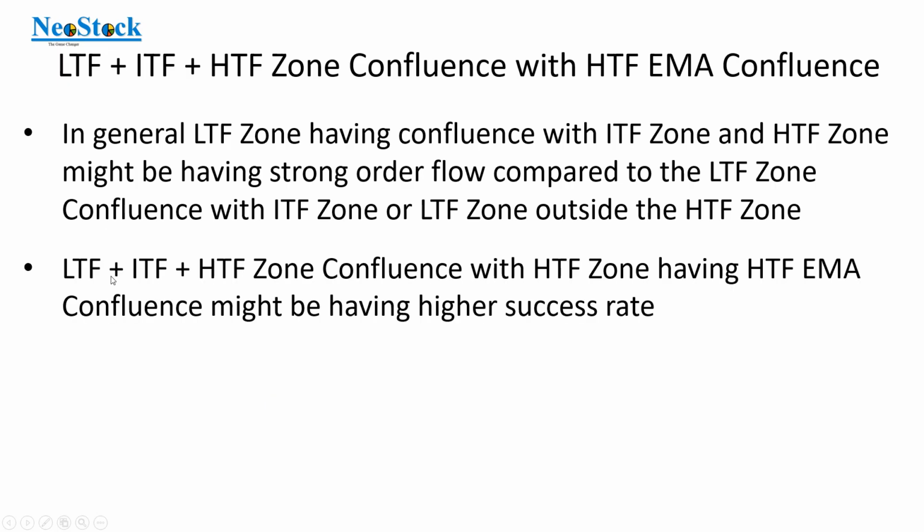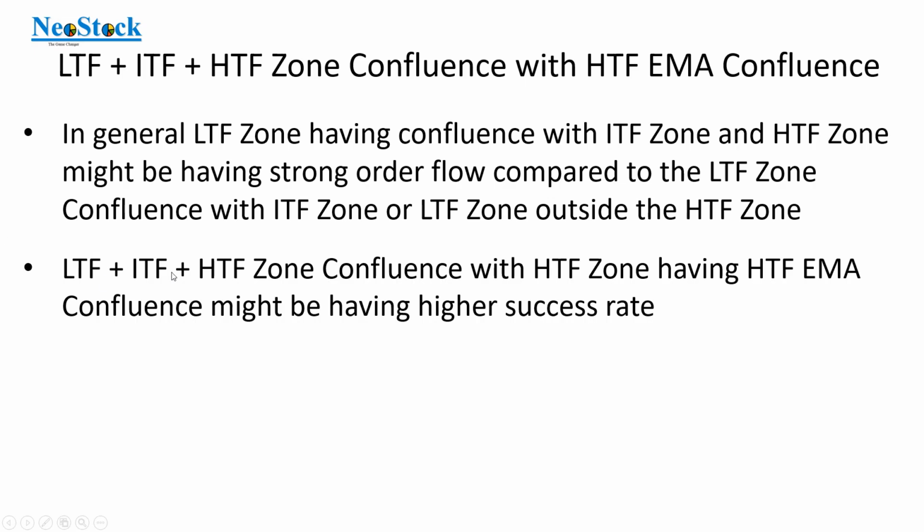And LTF plus ITF plus HTF zone confluence. What is LTF plus ITF plus HTF? The meaning is inside the HTF, ITF should be there, and inside the ITF, LTF should be there. Inside means overlap. Either inside exactly or maybe near the proximal or distal line overlap should be there.